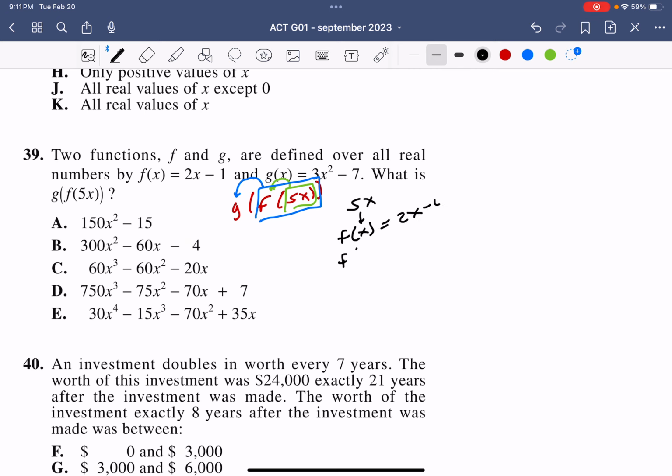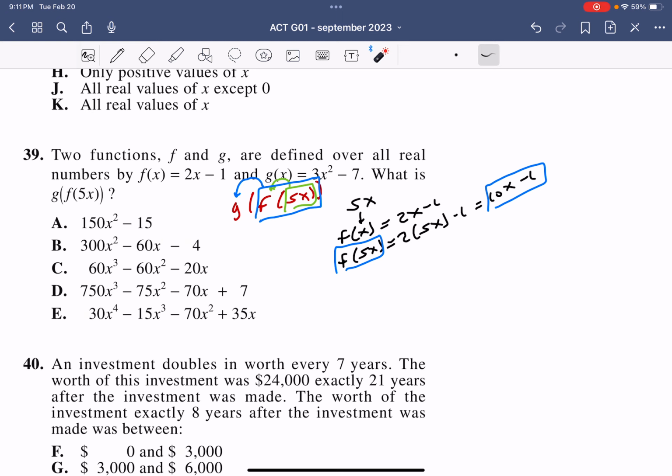So f of 5x is equal to 2, and now it's not x anymore, it's 5x minus 1. So that is just going to be 10x minus 1. So this blue box I put up here, f of 5x, we just found that. f of 5x is the same thing as 10x minus 1.